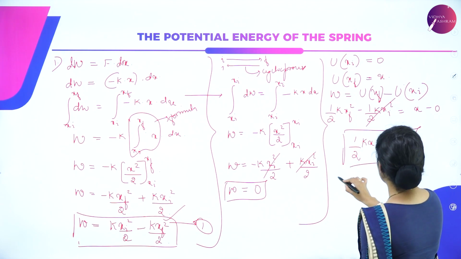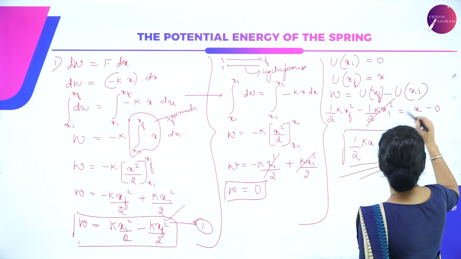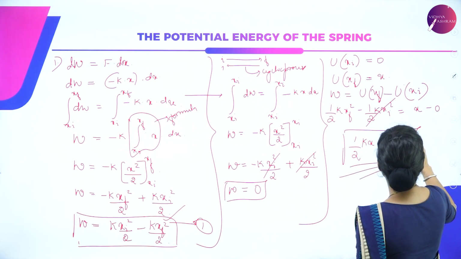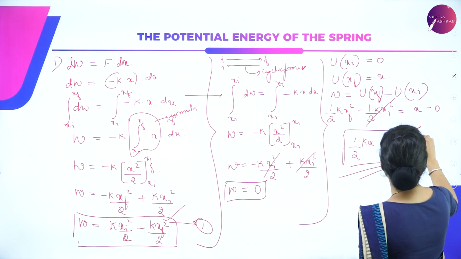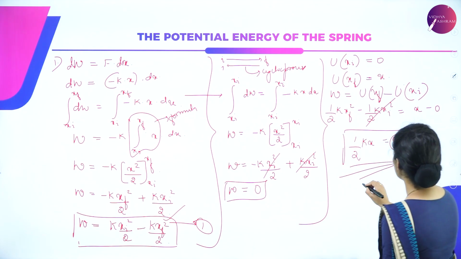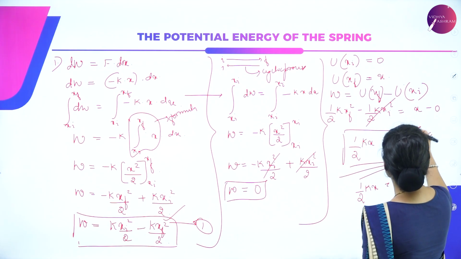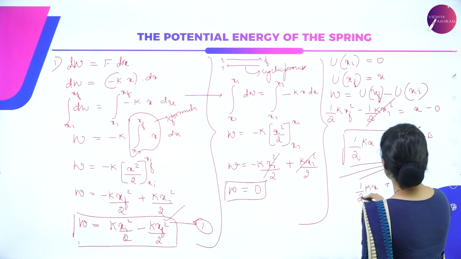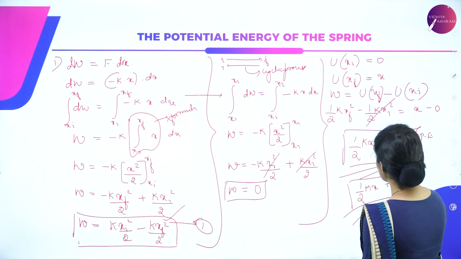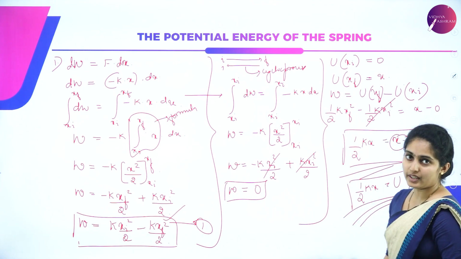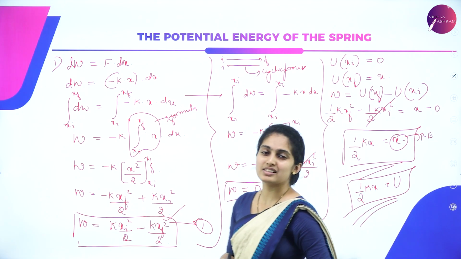This is actually the value. This U of xf can be written as U as well, because it turns out to be a potential energy. So half k x square, instead of U of x, you can just take it as U itself. So this is the potential energy of the spring, which is what we know from this derivation.